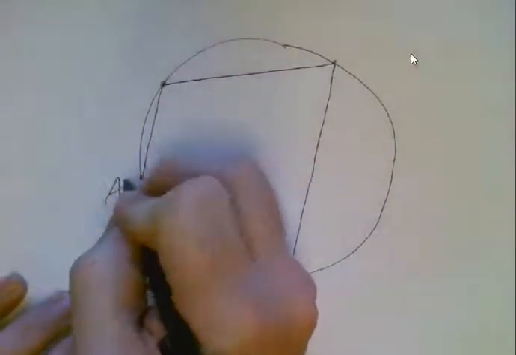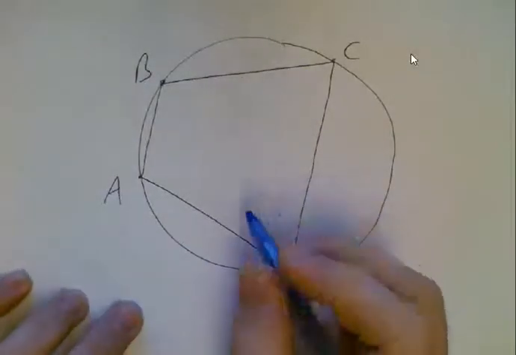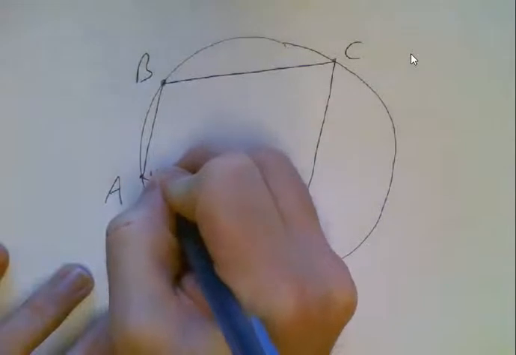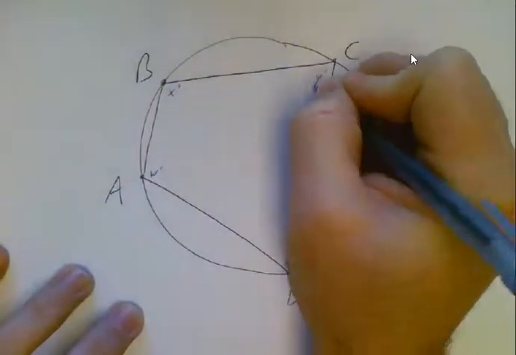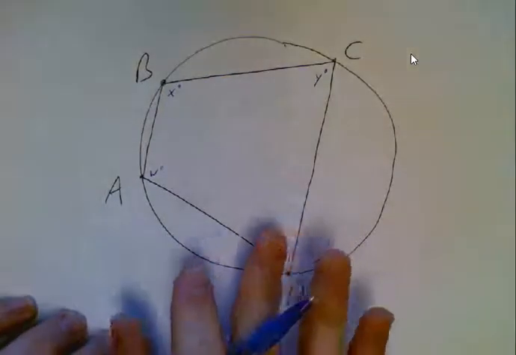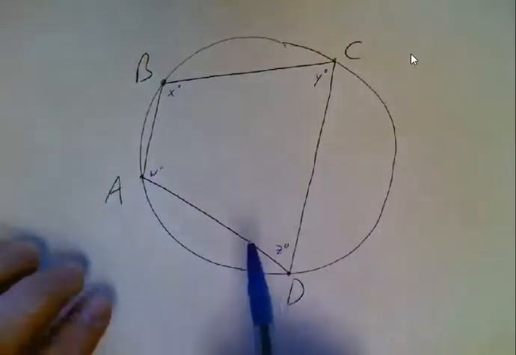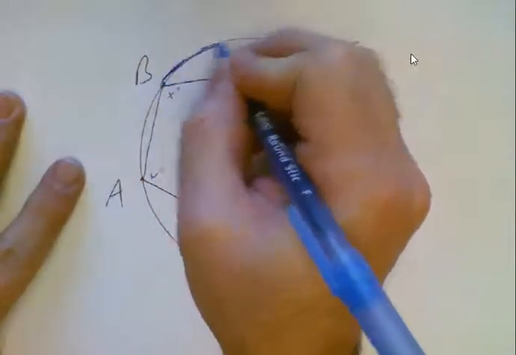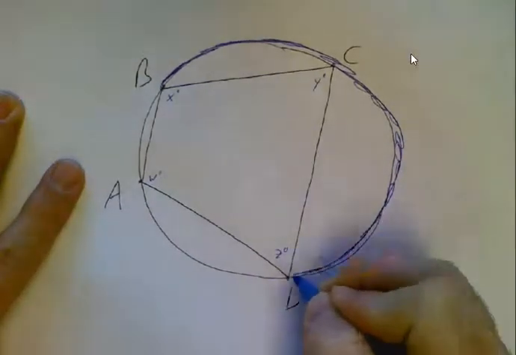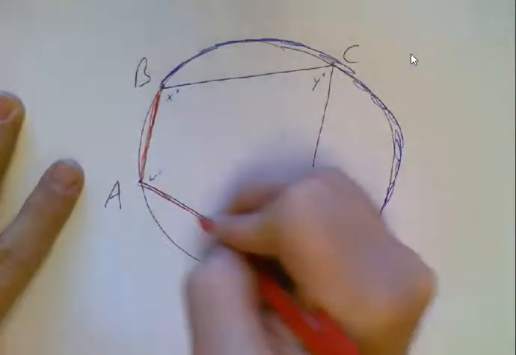Okay, let's label this A, B, C, D, and let's give it little letters to represent the angles: W, X, Y, and Z. If you understand the inscribed angles concept, then it shouldn't be too much to sell you on the fact that this arc is intercepted by this angle.